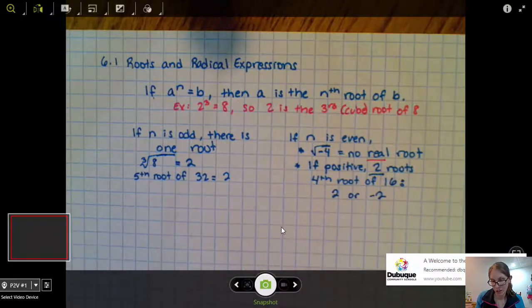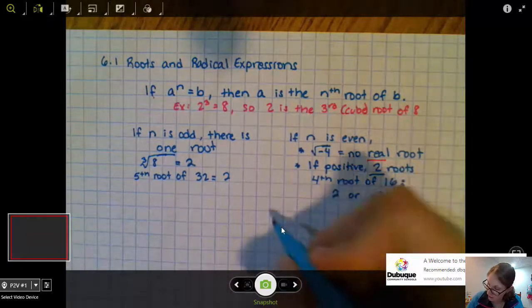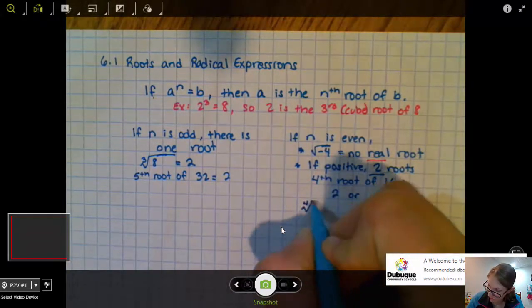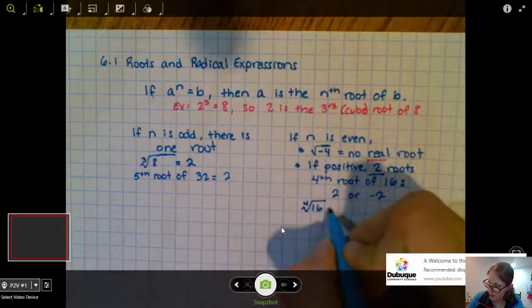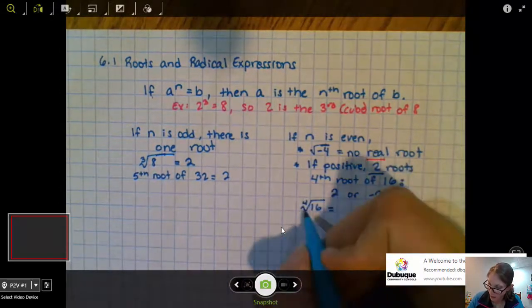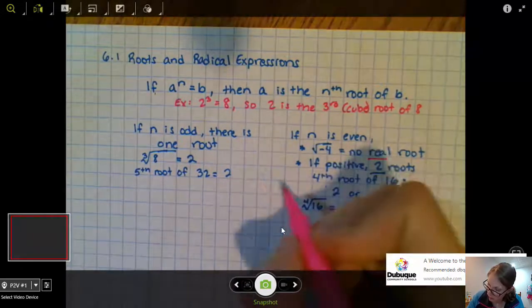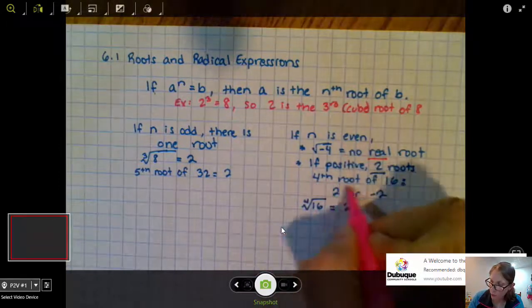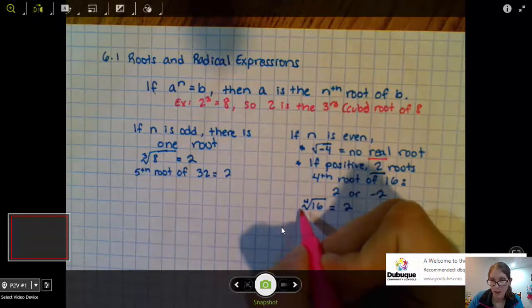Now, I guess one slight difference here is there is a difference between saying the fourth root of 16 and saying this. So the fourth root, with having that root written in, since we just see our positive root here, we don't see a negative symbol in front, that's implying that we only care about the positive 2 as our answer. So notice the difference here between saying fourth root of 16, where we're really saying what to the fourth power is 16, and just seeing our symbol here.